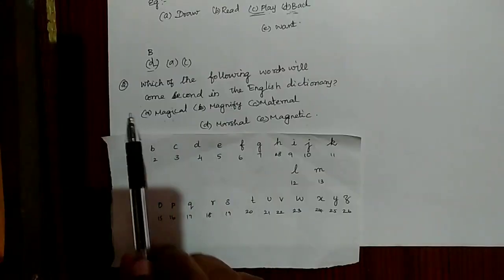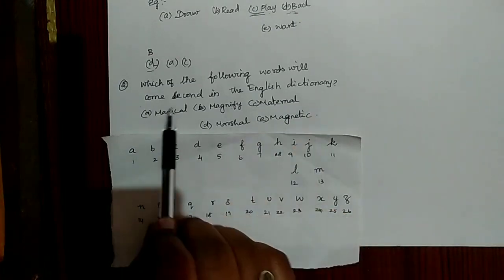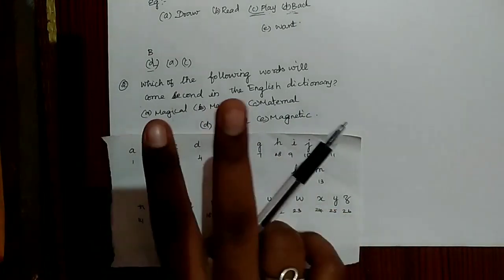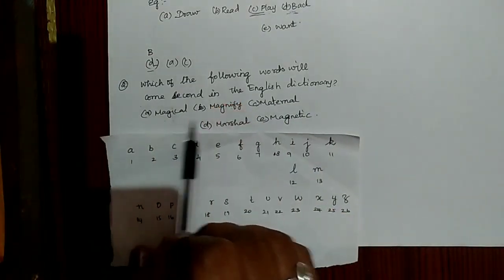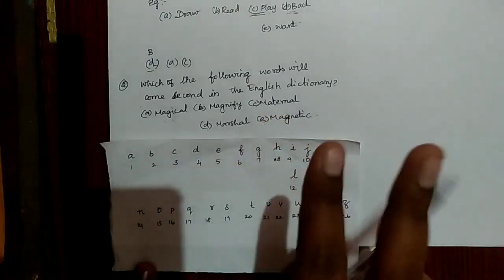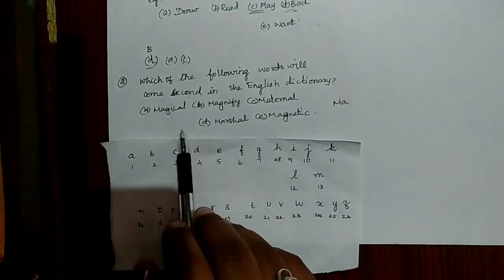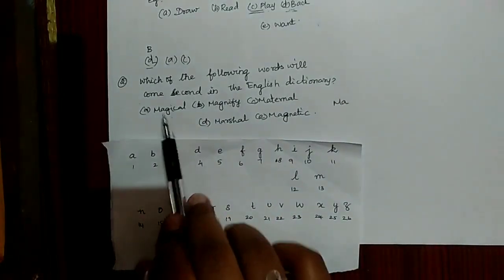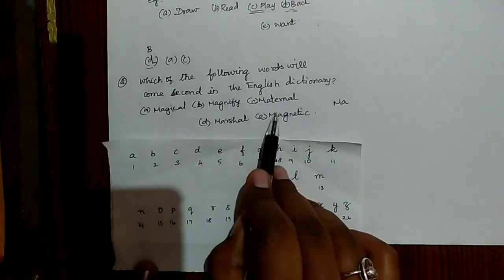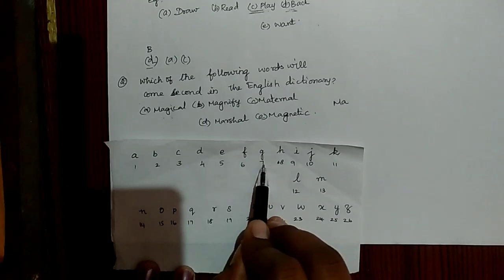The second question is, which of the following words will come second in the English dictionary? Okay, they are asking which will come in the second order. So we'll check with the options. All the words have the first 2 letters the same, MA. Okay, which third letter will come first? G or T or R? According to this order, we'll have G as the first.